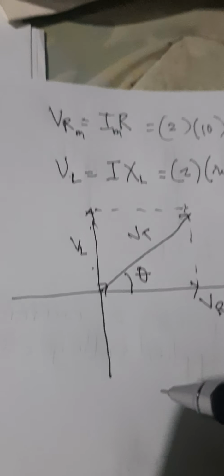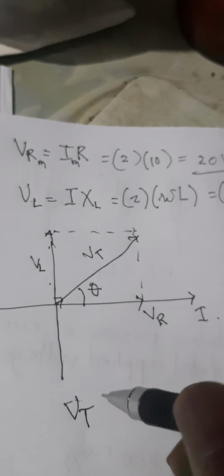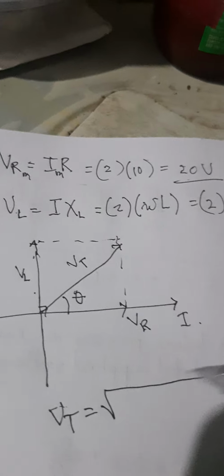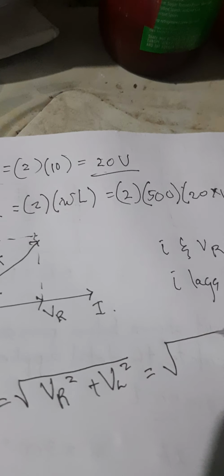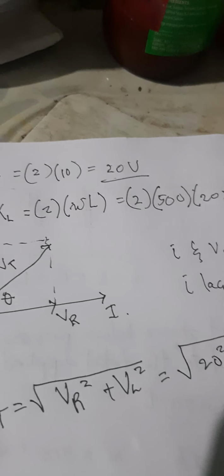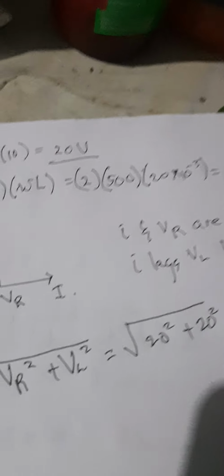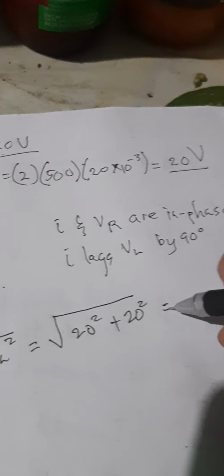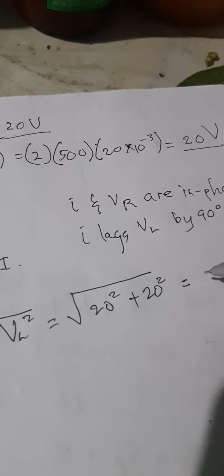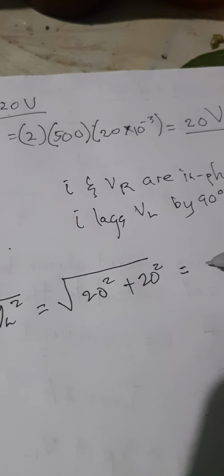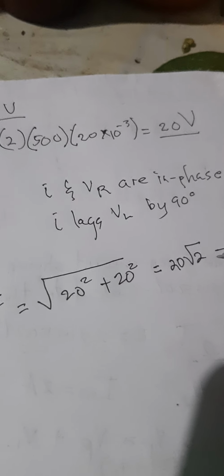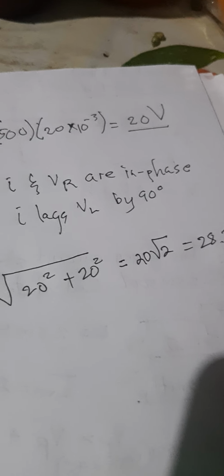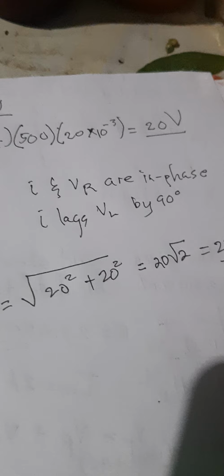Okay? Ano ang value ng VT? VT is equal to square root of VR squared plus VL squared. It is square root of 20 squared plus 20 squared. That is 20 square root of 2, or that is 28.28 volts.